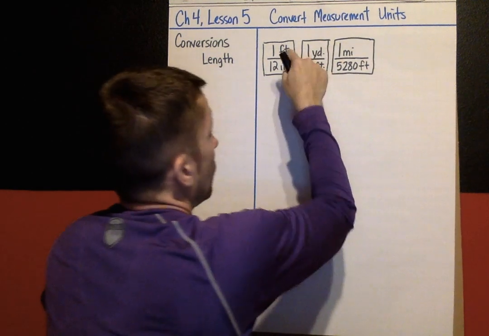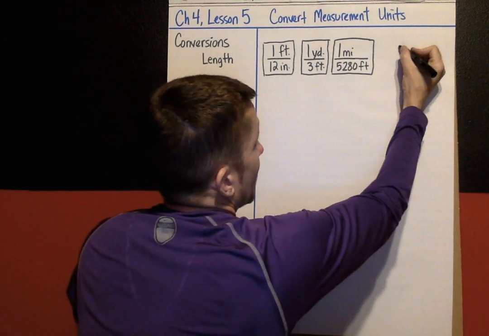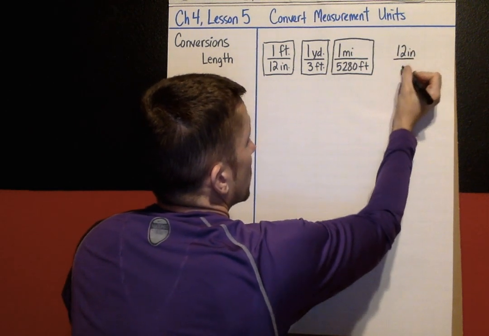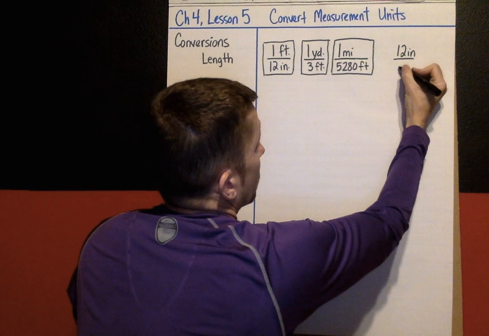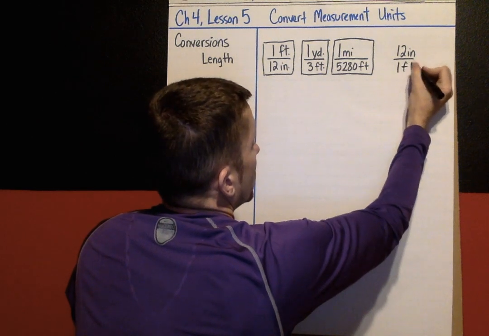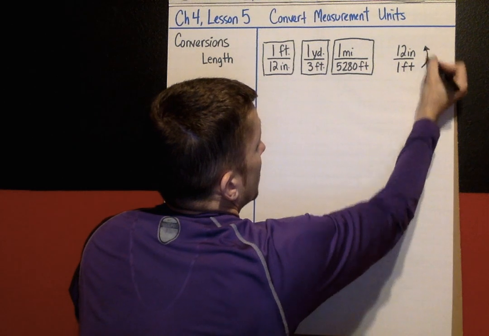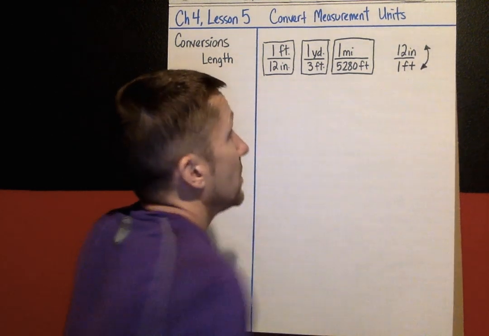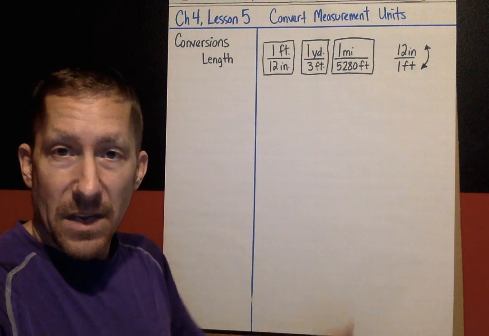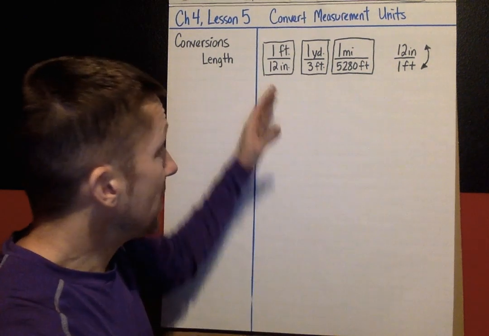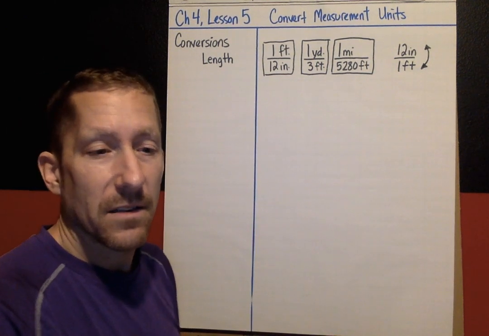So for example, 1 foot for every 12 inches, I could also use this conversion: 12 inches for every 1 foot. Okay, so I'm just going to draw an arrow like this showing that the conversions can be inverted or flipped around, depending on what kind of unit you're trying to change to.